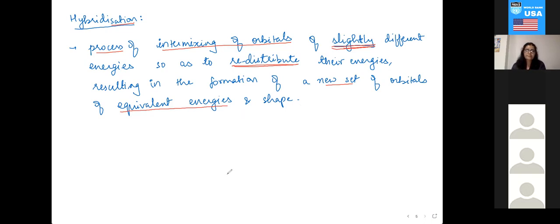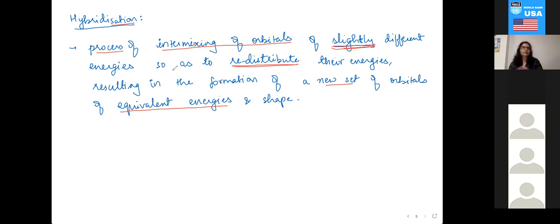Ma'am, when you say intermixing of orbitals, you were doing the same thing when it came to pi bonds and sigma bonds. No. For sigma and pi, the orbitals are not mixing. That's just an overlap. Intermixing is basically disassembling them and reassembling them into completely new things.